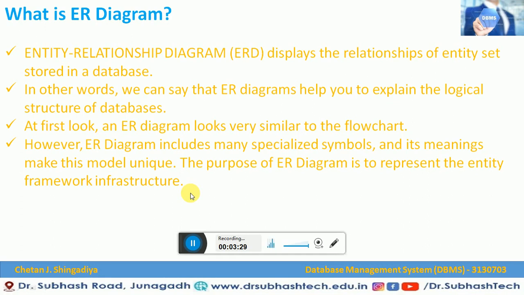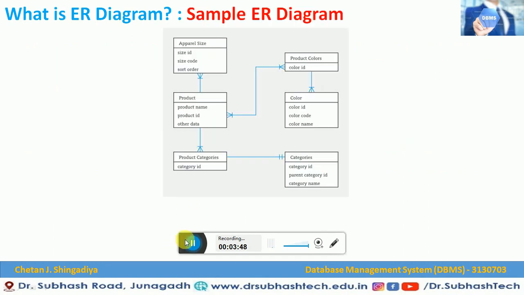At first look, the ER diagram looks very similar to a flow chart. However, an ER diagram includes many specialized symbols and its meanings make this model unique. The purpose of ER diagram is to represent the entity framework infrastructure. So this is what an ER diagram.